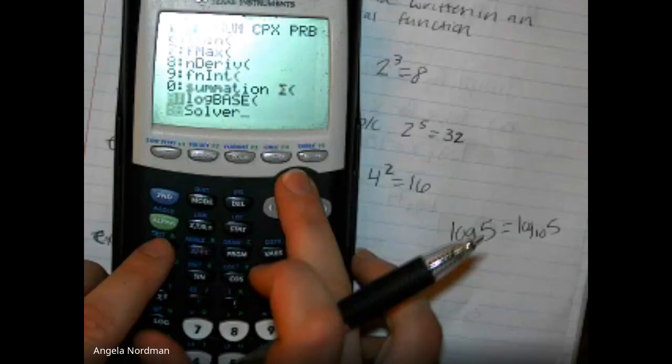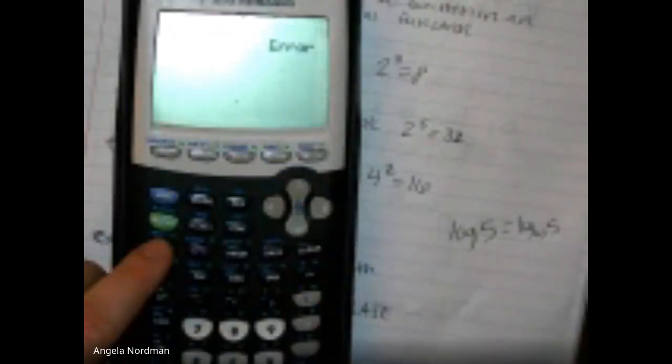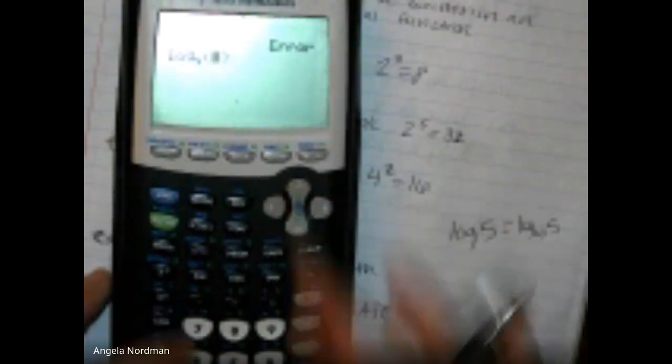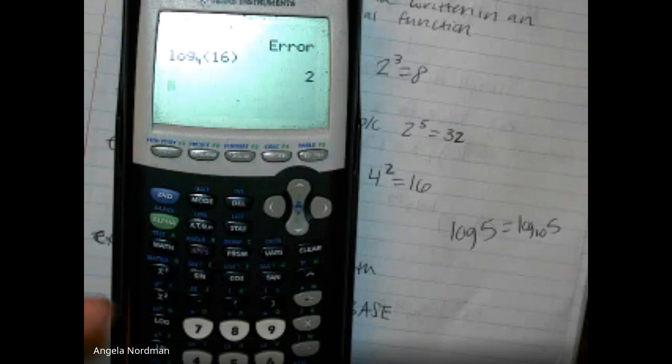But if I wanted to take the log base 4 of 16, and I did log of 16, that's the wrong answer because it's log base 10. So I would have to go to math and again down to log base, put in 4 and 16, enter, and I get 2. So that's some helpful information for your calculator.